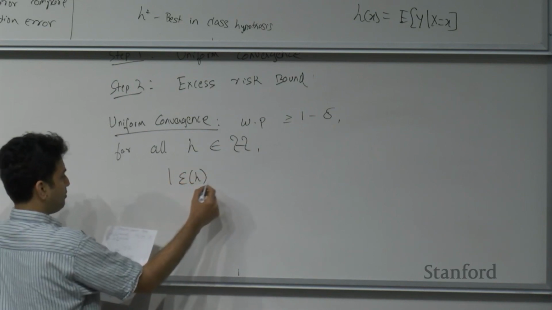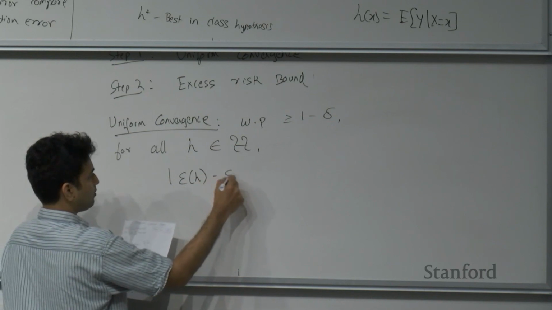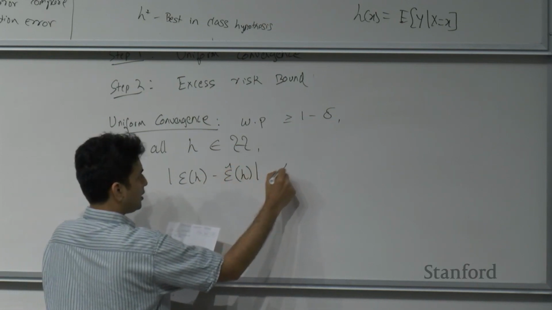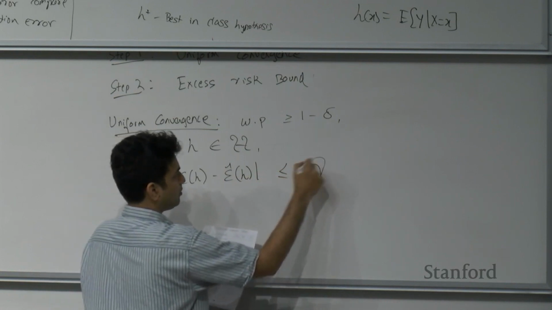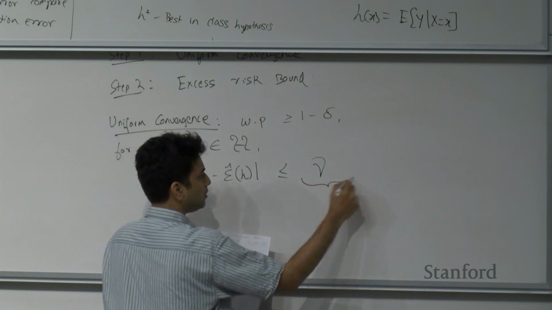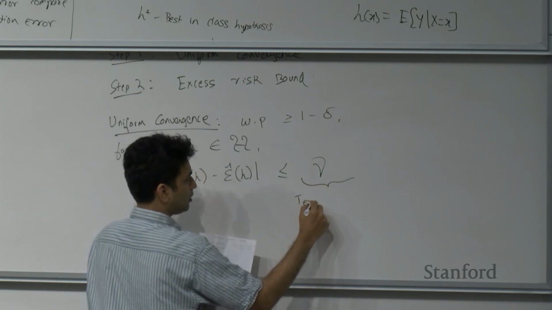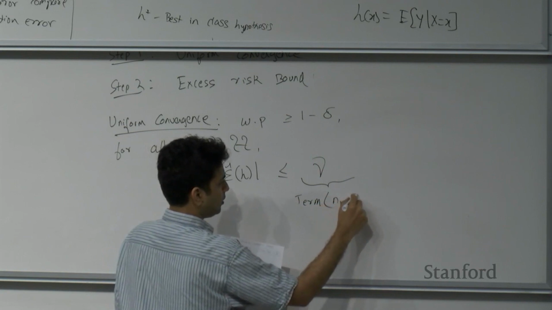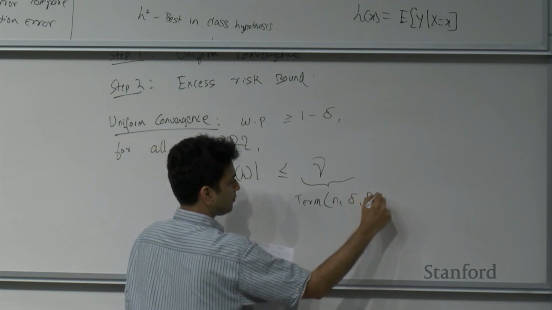The generalization error epsilon of h minus epsilon hat of h is less than or equal to some term gamma, where this gamma is a term that involves n, delta, and the class of hypotheses.